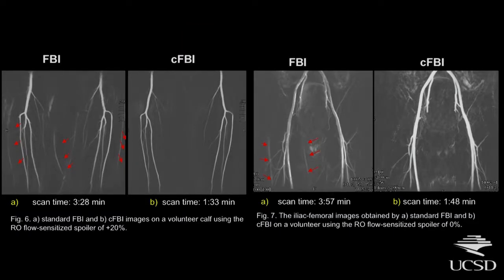And this is another study for the N/2. If we use a stronger dephasing pulse, then we introduce N/2, but in centric FBI, we have less N/2 artifact.